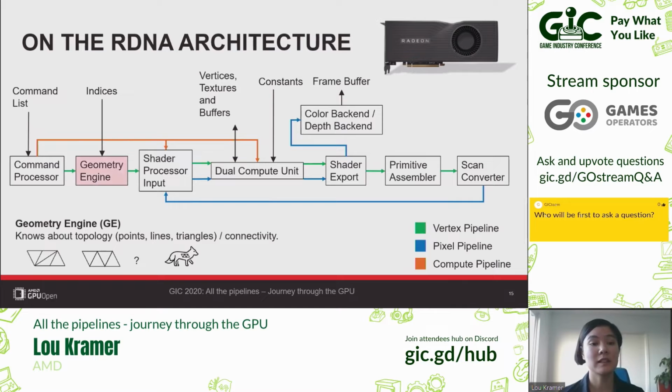The geometry engine is responsible for all the geometry-related data and processing that needs to be done. So it knows about the topology, for example. If you have vertex buffers, it knows if you're operating on points, lines, or triangles. So if 3 vertices span a triangle, or if just 2 vertices span a line.